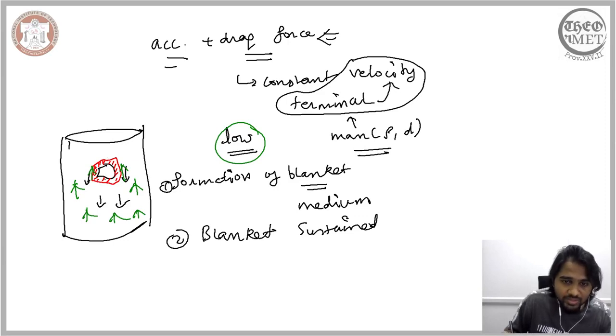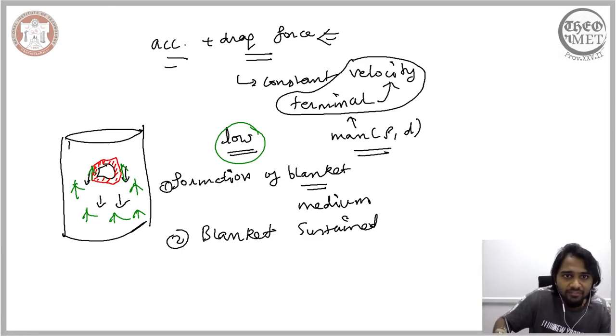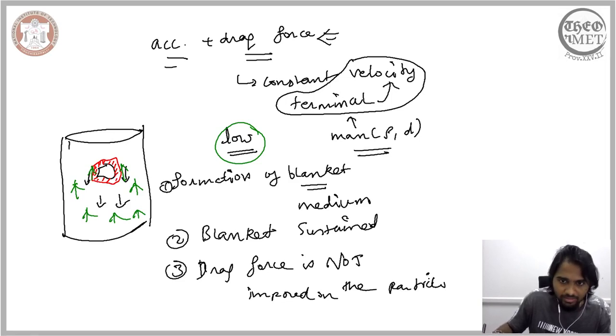So essentially, when you introduce a particle into a medium, a blanket is formed around it by the medium, and because this blanket is sustained all through the propagation of the particle, whatever drag force is imposed is not imposed directly on the particle, but on the blanket.